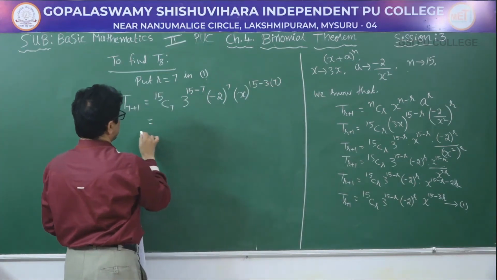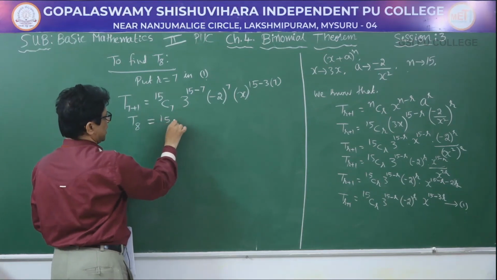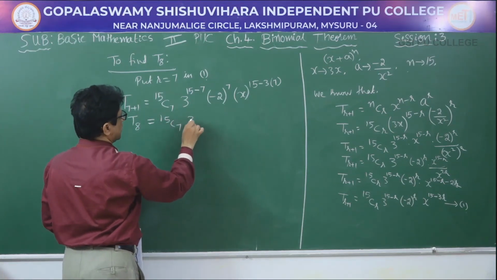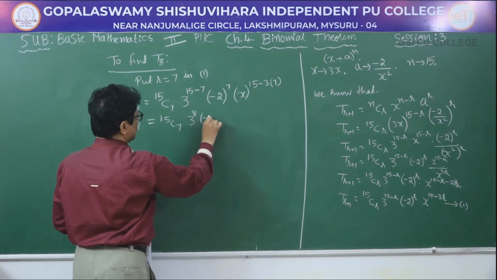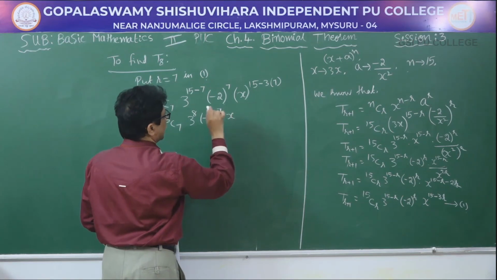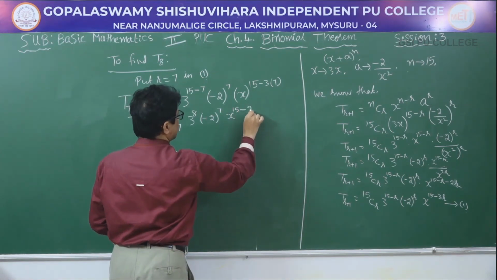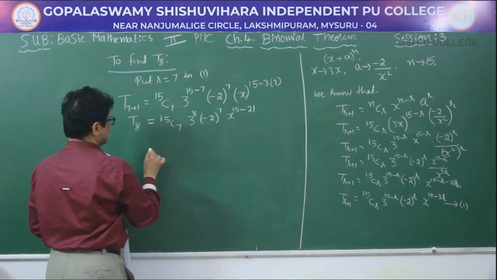So, T8 will be equal to 15C7 into 3 power 8 into (minus 2) whole power 7 into x power 15 minus 3 sevens are 21.